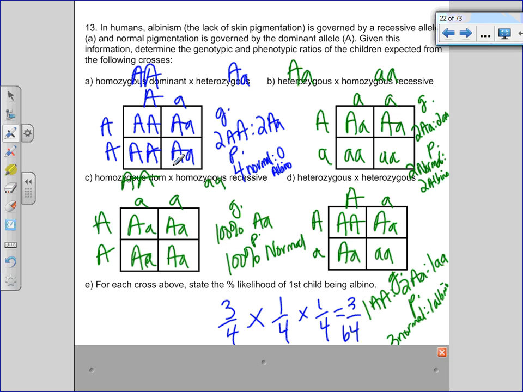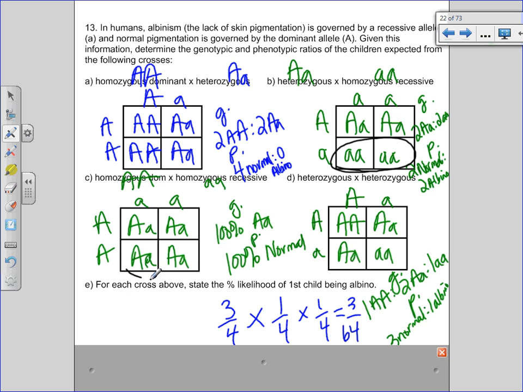Okay, in B, the percent likelihood of the first child being albino is 50%, because half of the offspring in B are albino and half are normal. So you'd have a 50% chance of the first child being albino.